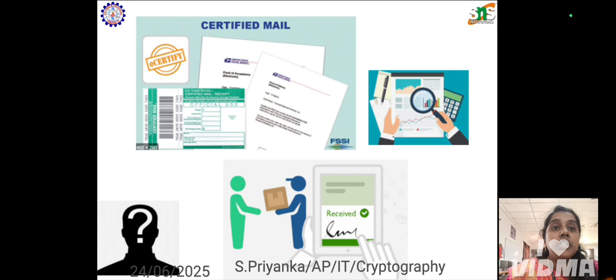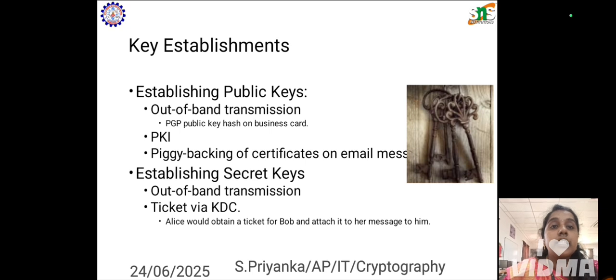Here, confidential mail, and sometimes certified mail is also allowed. Next, let's see key establishment. Key establishment means establishing public keys and establishing secret keys.